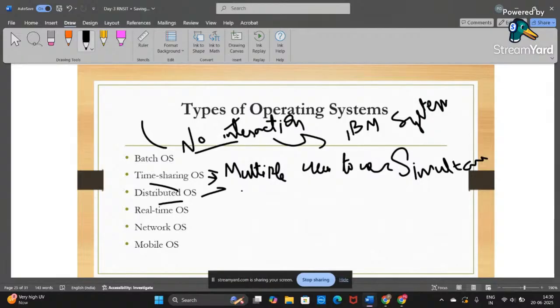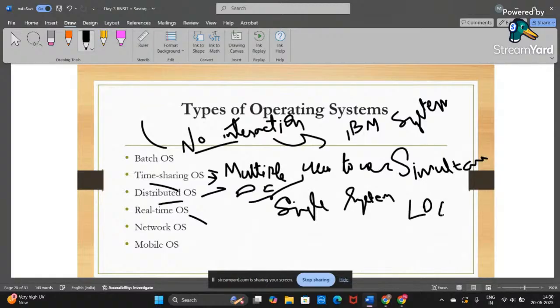For distributed OS, I'll give you an example: Locus is the example for this.